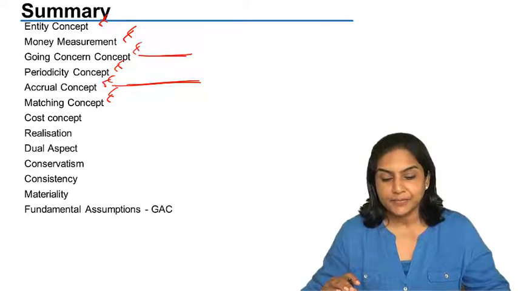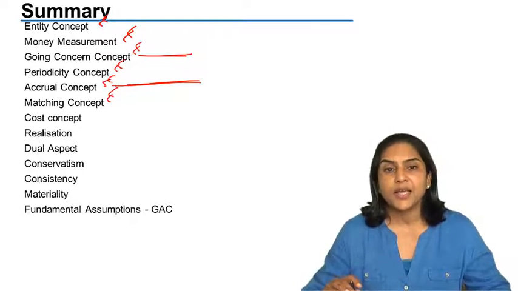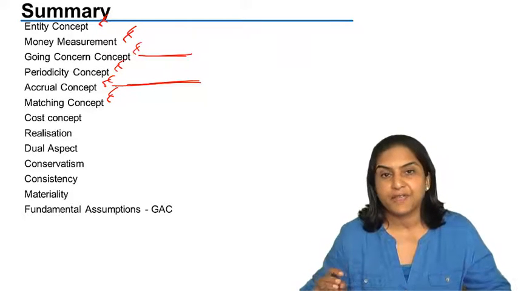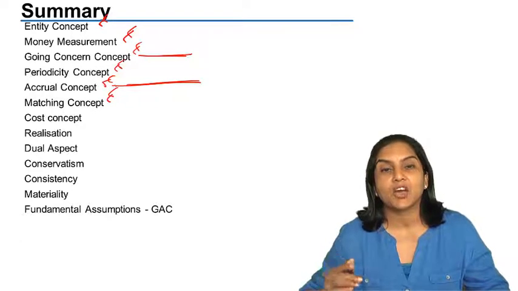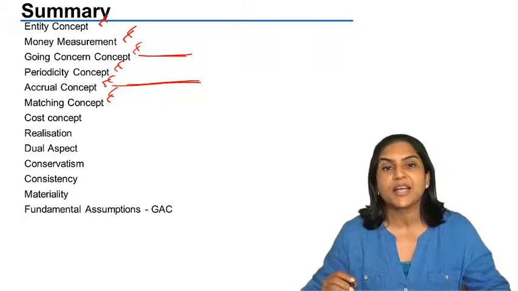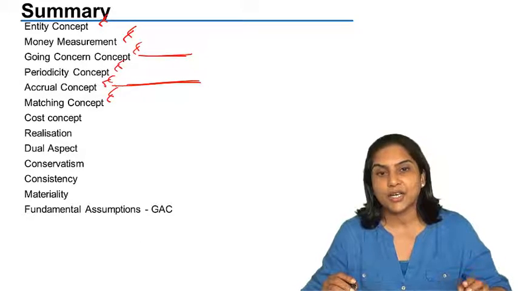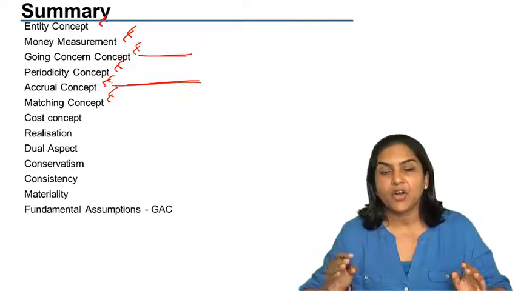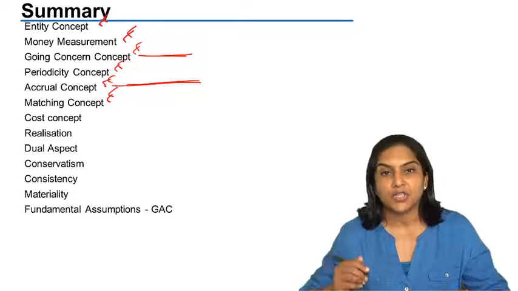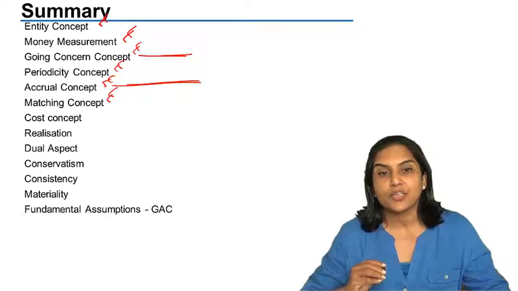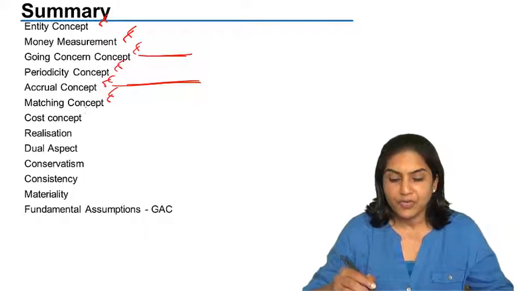Having said that, today we have a lot of revaluation. We have something called fair value valuations, etc. But traditionally, we record all transactions at the actual cost, so that there is no element of subjectivity.